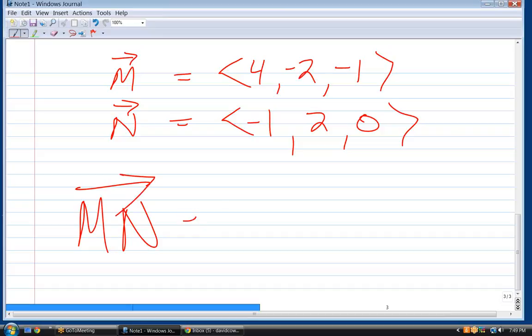The x component. What do I have to do to get from M to N? Okay. What do I have to do? Well, you subtracted, I guess? Yeah. In other words, to get from 4 to -1, I got to go 5 units to the left.